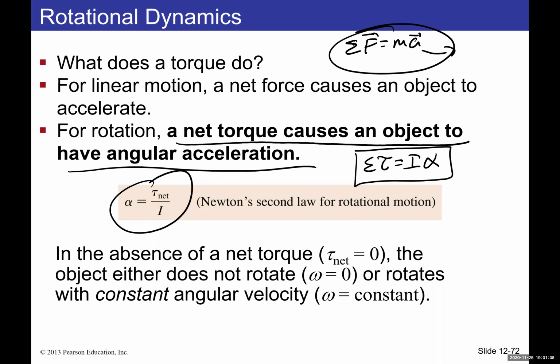That means you can have a disk rotating at constant angular speed. It doesn't speed up or slow down, but it is moving at some constant rate. As long as there is no torque, the speed will not change. If it's zero, it's going to remain zero. If it's 5 radians per second, it's going to remain 5 radians per second. In order for there to be a change in angular velocity, there has to be a net torque, which gives us the angular acceleration.